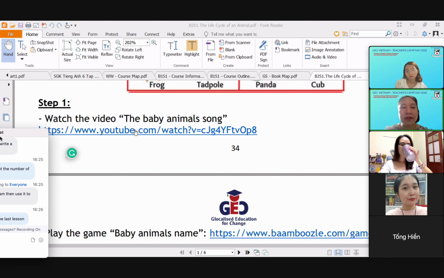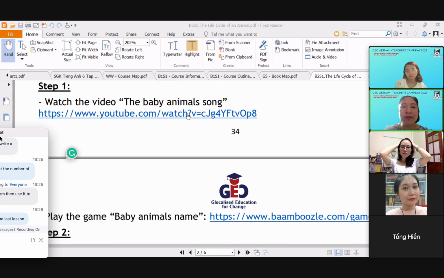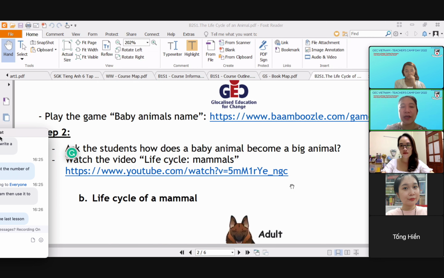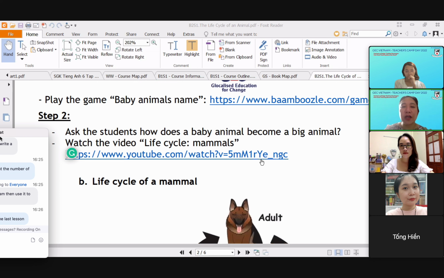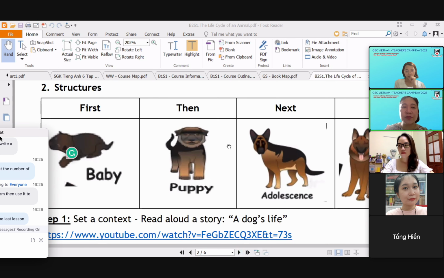And they put the baby animals, I mean, they have to name the animals. Okay, the names of animals. And they watch a video about the life cycle of mammals here. Okay, the video, a lot of input, I mean, a lot of input in the learning points. Okay, and the structures here.